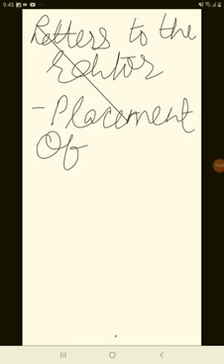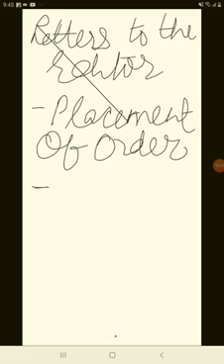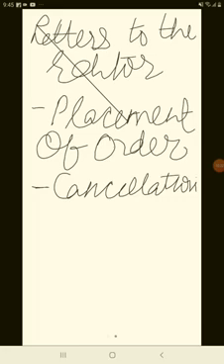You could be writing to place an order for some things that are required for your school or for your office. Then you could also have cancellation of orders. Cancellation means a requirement has arisen and then it has been cancelled, so you will write a letter regarding cancellation of order.